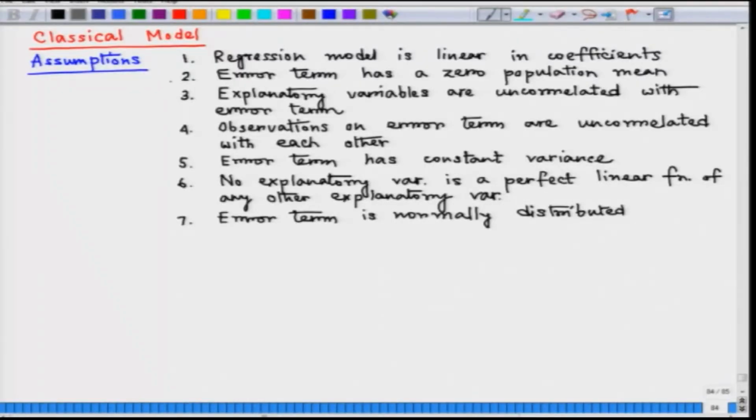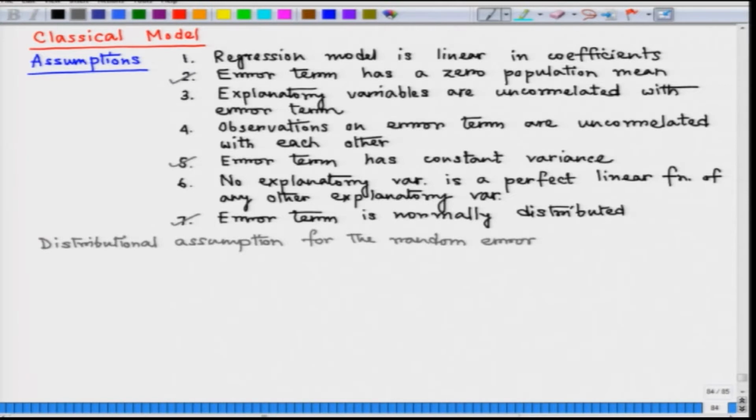So, assumption number 2, assumption number 5 and assumption number 7 basically talk about a distribution for the random error or stochastic noise in the regression model, and we assume that this has a normal distribution.